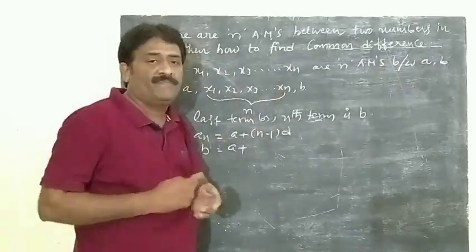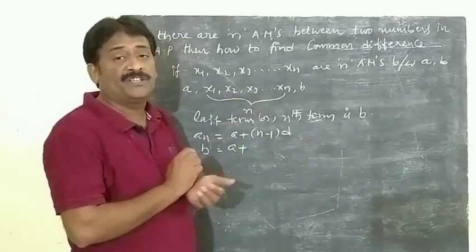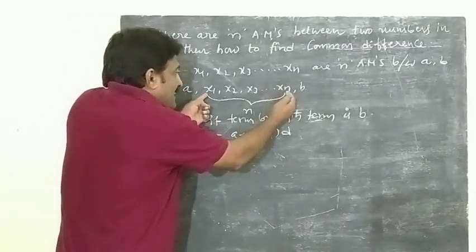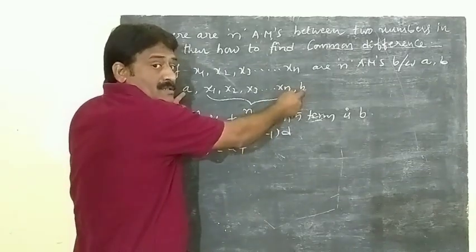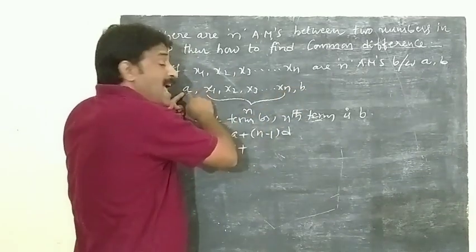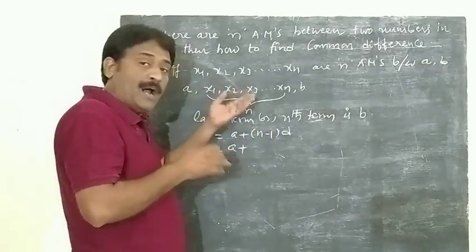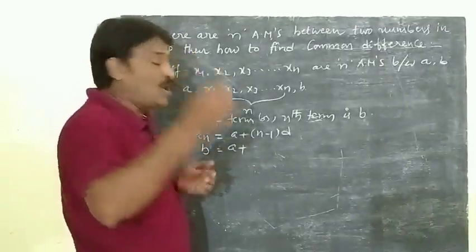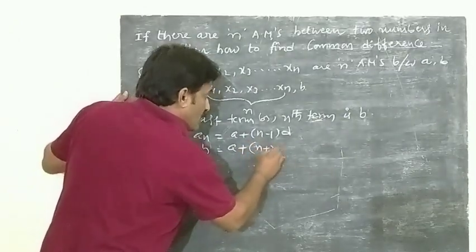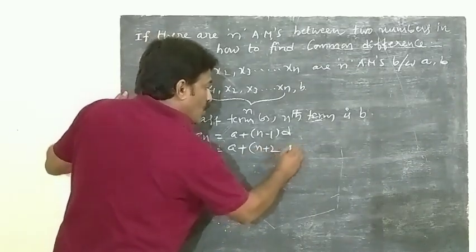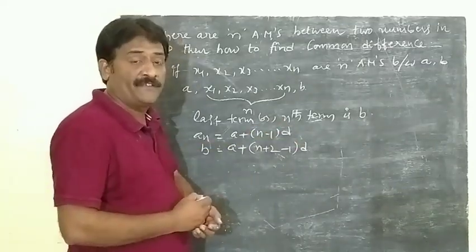Now, n means the number of terms. As per the data, what is the number of terms of the above progression? Already there are n AMs and two more terms: one is A, another is B. Therefore, the total number of terms of the above progression is n plus 2 terms. So write n as n plus 2, then n plus 2 minus 1 into d, where d is the common difference.